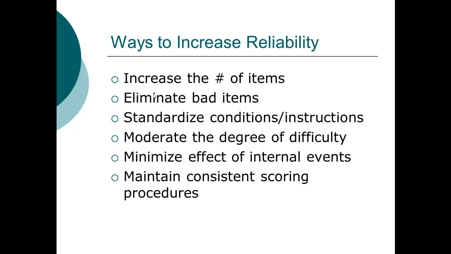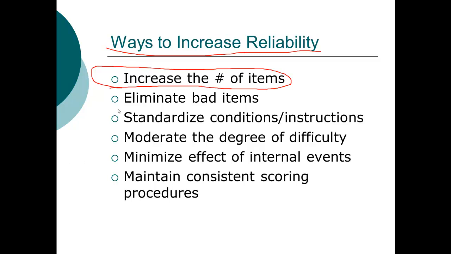We'll talk about validity later on. Some ways that we can increase reliability. Increase the number of items on the test, within reason. The more test items we have, the more we get a good feel for what the student knows. Then eliminate your bad items.